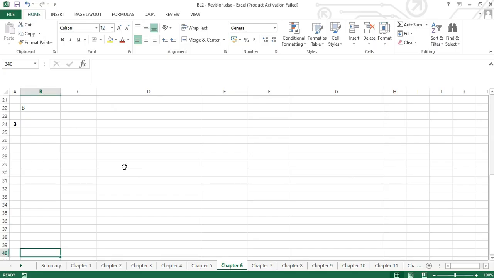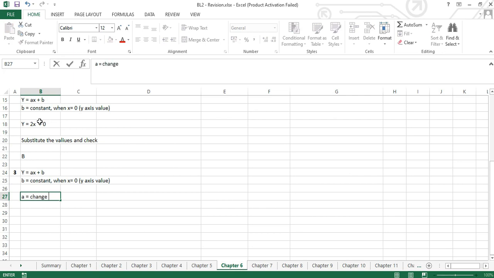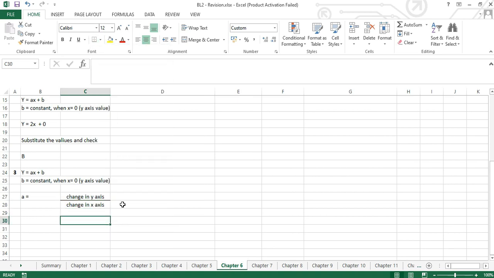We've discussed that in the y equals ax plus b format. In this format, a is equal to change in y-axis divided by change in x-axis. So for the change in y-axis, you should get a coordinate to check it.